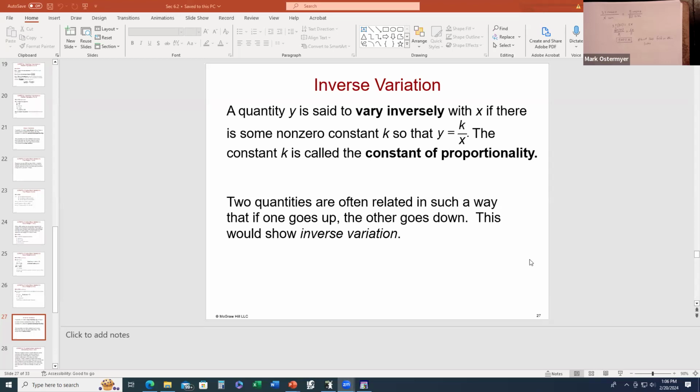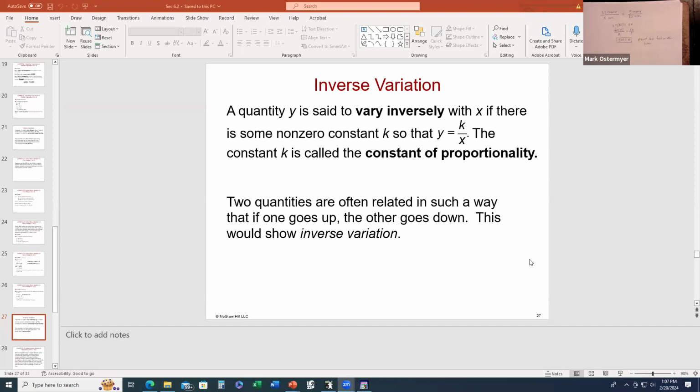Well, I can give you an example. All right, here's an example of an inverse variation in the real world. This is just one among an infinite number of examples that exist. If the weight of a vehicle you drive increases, then the fuel economy of that vehicle decreases.